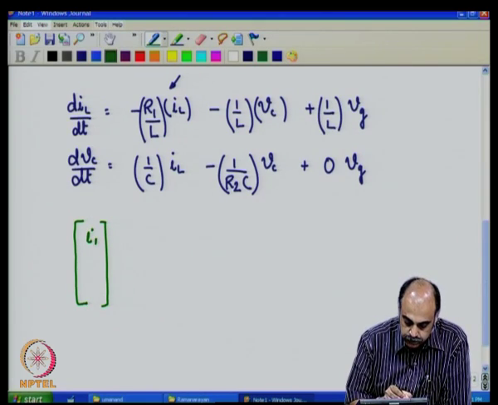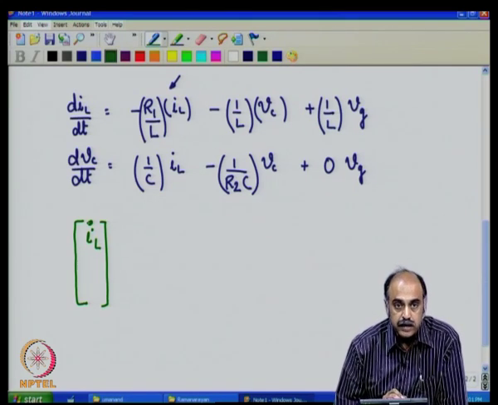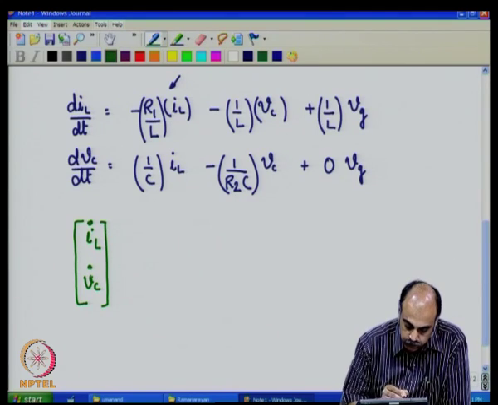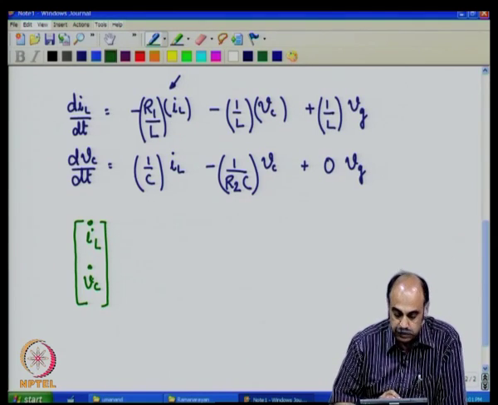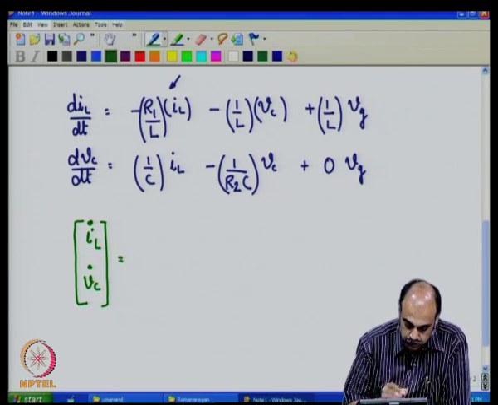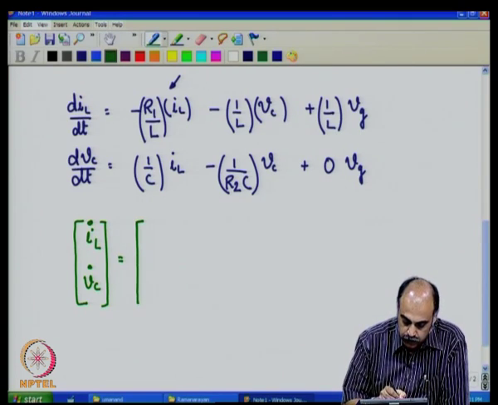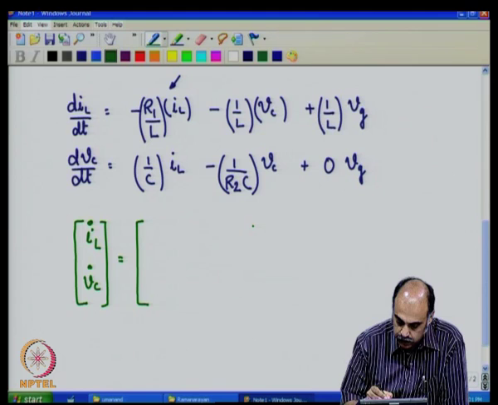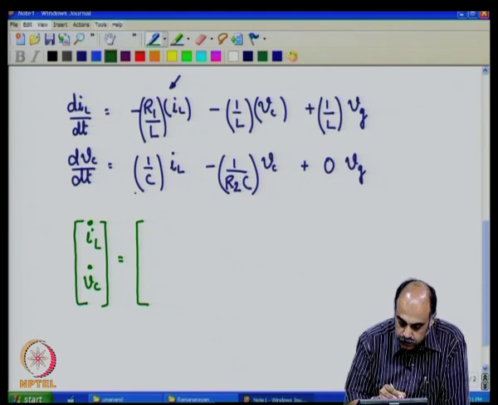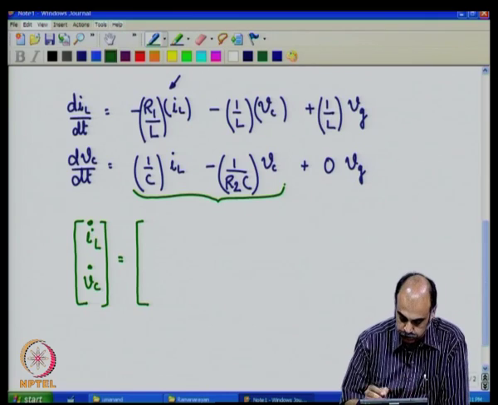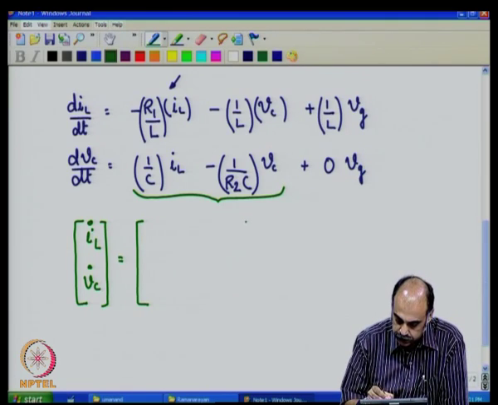So, IL dot would imply di by dt, Vc dot would imply dVc by dt. Now, we represent this portion in the following manner.